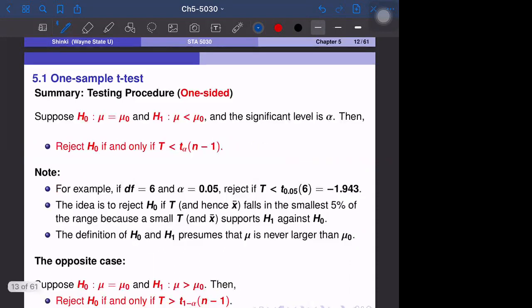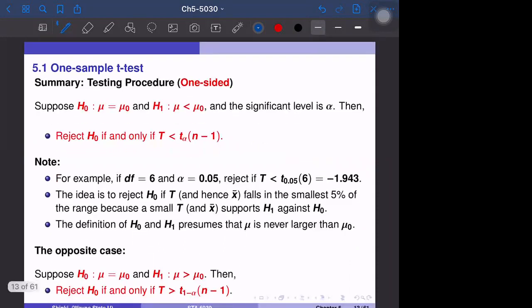Two-sided test means, again, that H1 is on both sides of H naught. Sometimes we also do a one-sided test. H naught is the same, but H1 is mu smaller than mu naught, or in some cases, H1 is mu larger than mu naught.